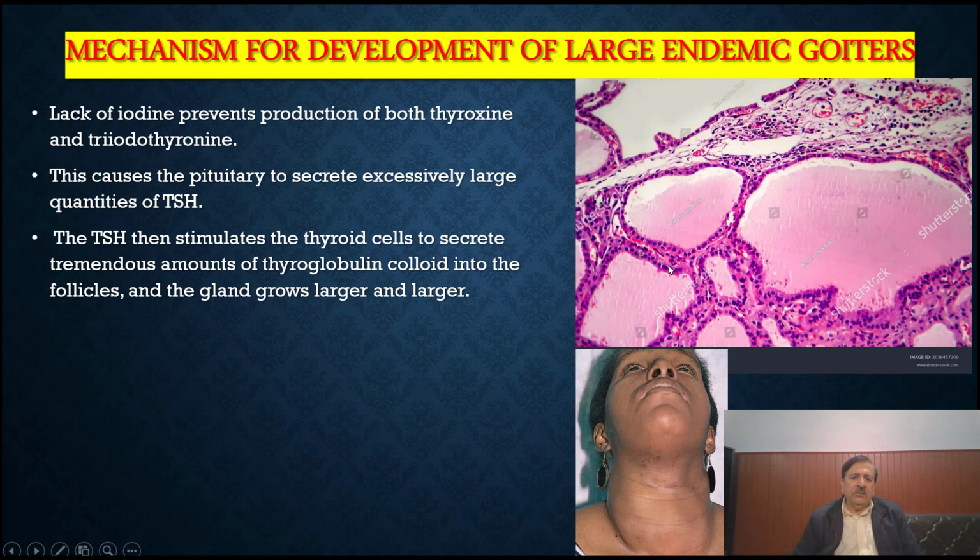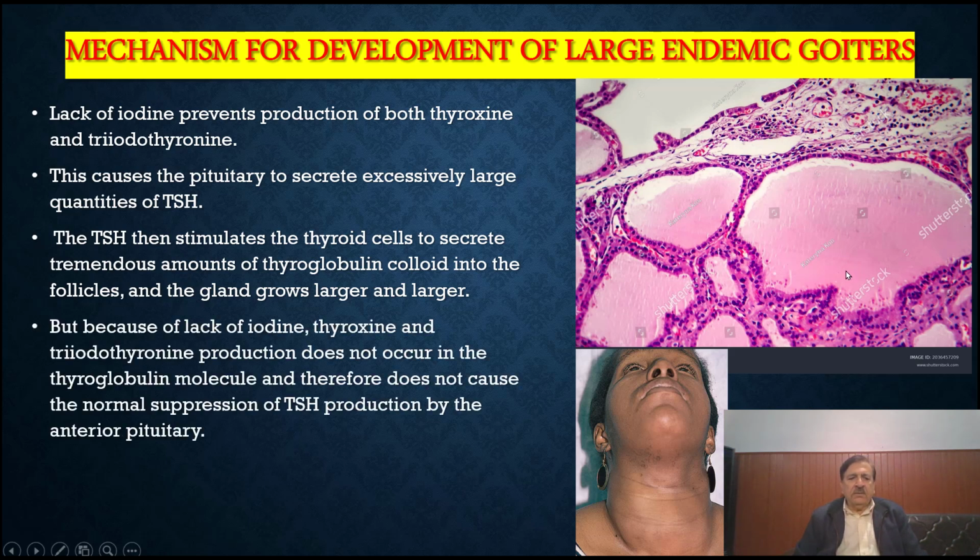The thyroid stimulating hormone causes production of thyroglobulin, but this thyroglobulin doesn't contain iodine and it accumulates in the follicular lumen and causes tremendous enlargement of the thyroid gland.